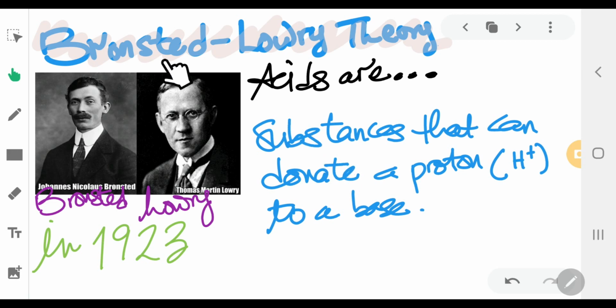However, in Bronsted-Lowry theory, they are focusing on the ability of the species to donate a proton H plus to a base. So it doesn't really matter if your substances are going to be dissolving in water. According to Bronsted-Lowry theory, that species can also exhibit the characteristic of an acid if the species is able to donate a proton H plus to a base.